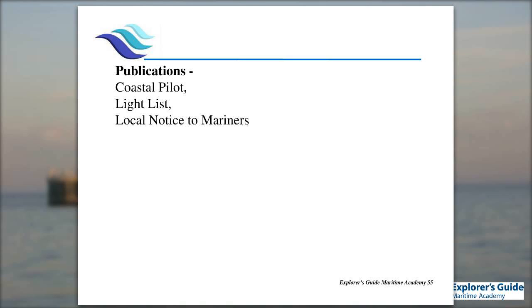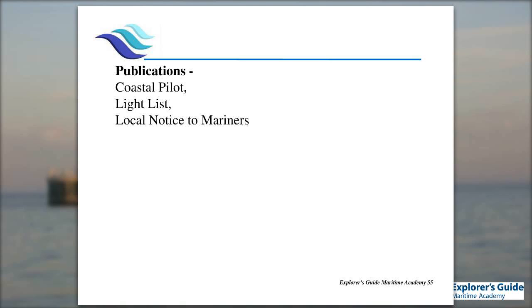The second publication is the light list. If there's an aid to navigation, it has an aid to navigation number on it, and it will be in the light list. It will give us a host of information, like horn frequencies for foghorns or light characteristics, whatever. Light list tells us everything there is about aids to navigation, and it's maintained by the U.S. Coast Guard.